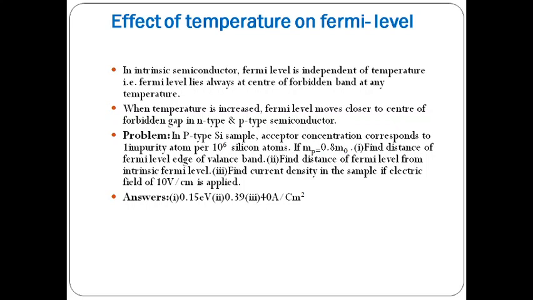When temperature is increased, the Fermi level moves closer to the center of the forbidden gap in n-type or p-type semiconductors. So temperature will not affect the intrinsic Fermi level, but in extrinsic semiconductors, when temperature increases, the Fermi level moves closer to the center of the forbidden gap.